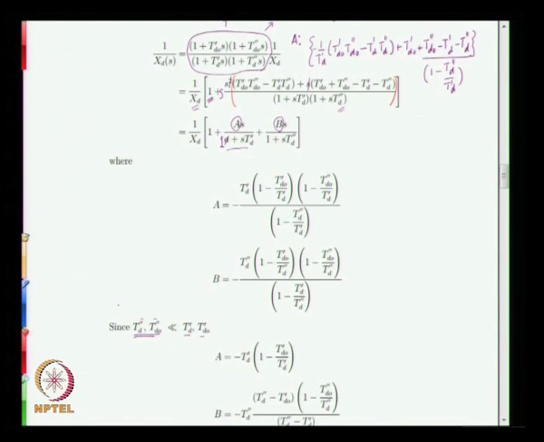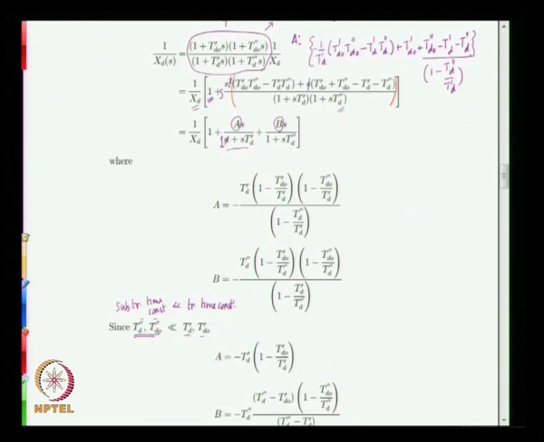These are subtransient time constants, and they are much smaller than transient time constants. Later on we will see a numerical example of data pertaining to an alternator, where we will see how these numbers are different.